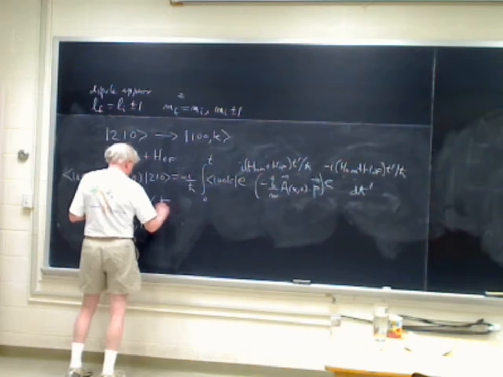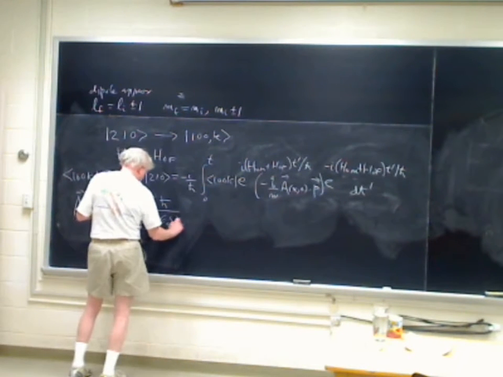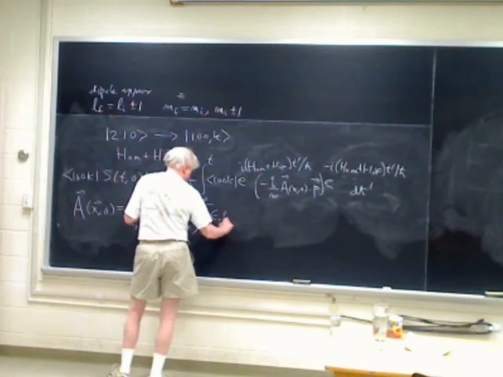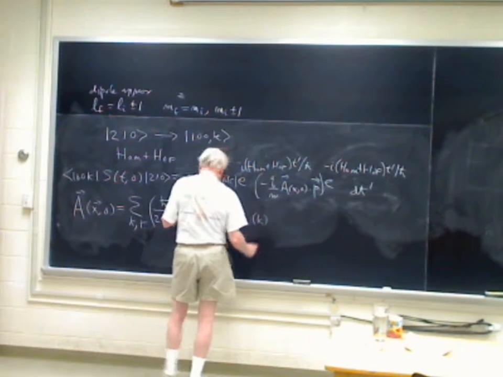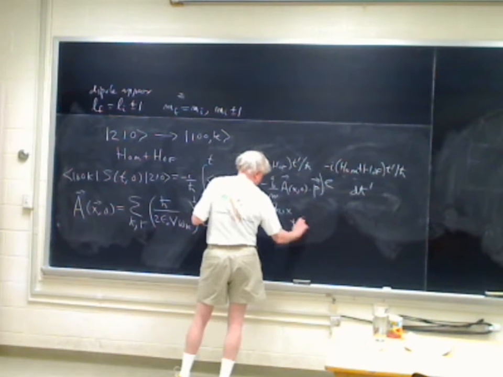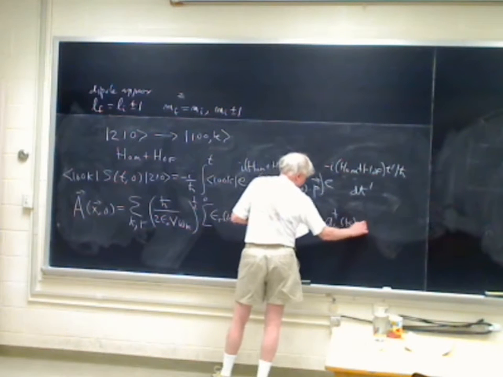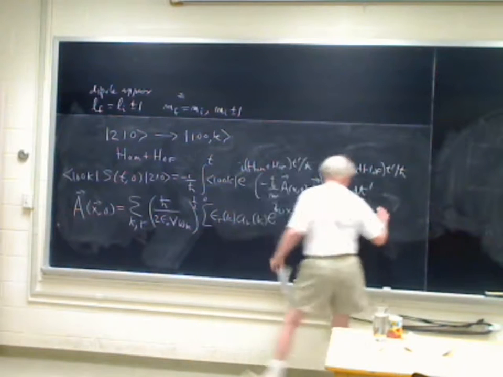There's a fudge factor, which is the square root of h bar over 2 epsilon 0 L cubed omega k to the 1/2. And then we have epsilon_r(k), a_r(k), e^{ik dot x}, plus epsilon_r star(k), a_r dagger(k), e^{-ik dot x}.